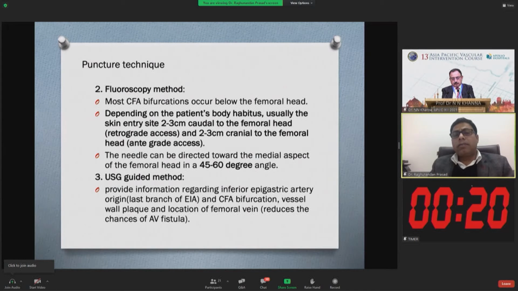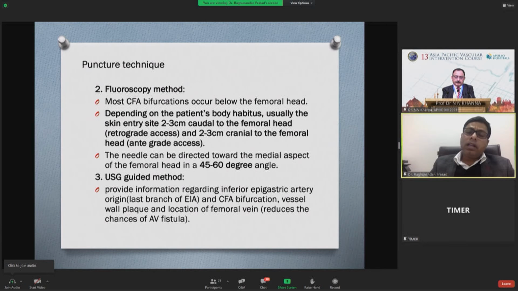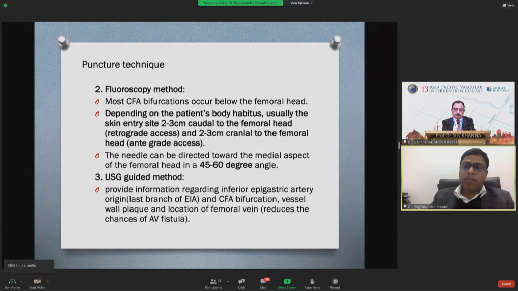Next is the fluoroscopy method, and presently USG guided and fluoroscopy guided, both modalities are used in combination so that we can do a safe puncture between the inferior epigastric artery origin and the common femoral artery bifurcation. Ultrasound also offers the advantage of showing variations we may encounter.